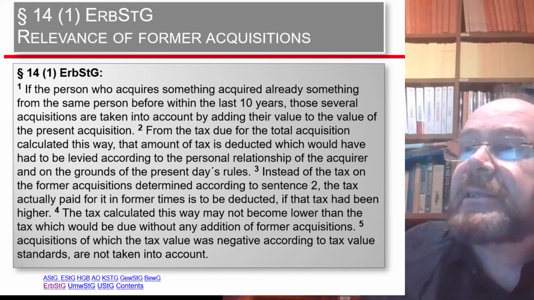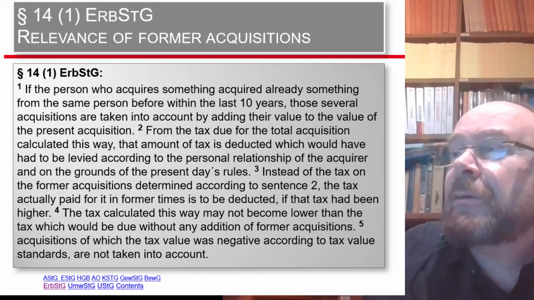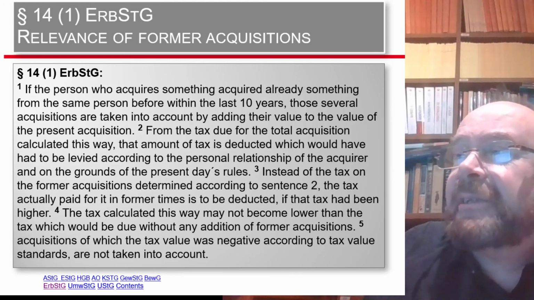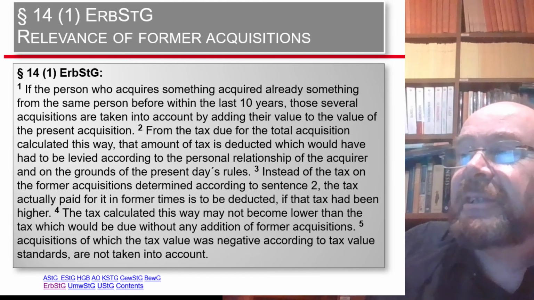Well, here it is, even in the first sentence already, paragraph 14.1. If the person who acquires something acquired already something from the same person before, within the last 10 years, several acquisitions ought to be taken into account by adding their value to the value of the present acquisition.